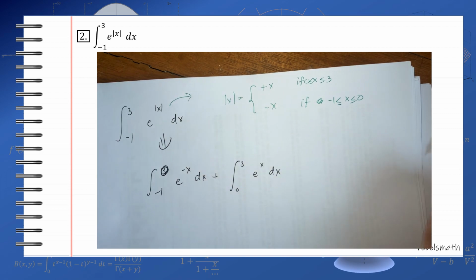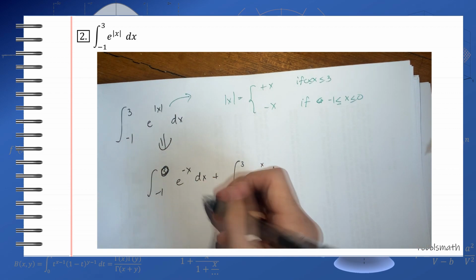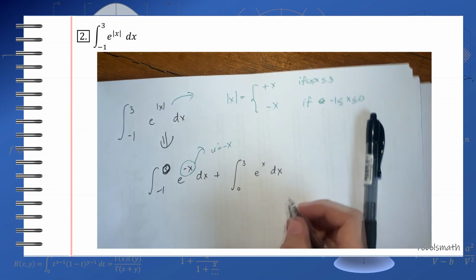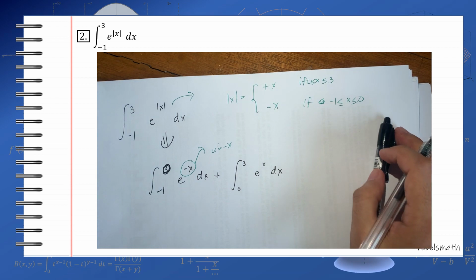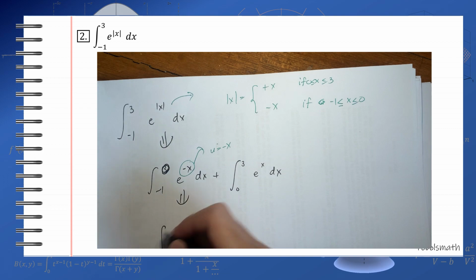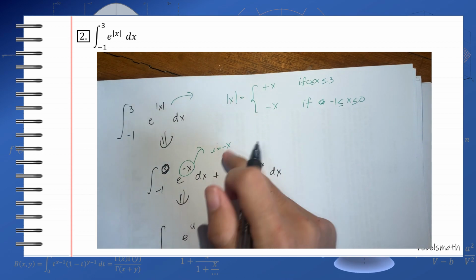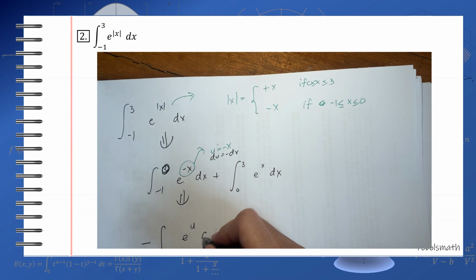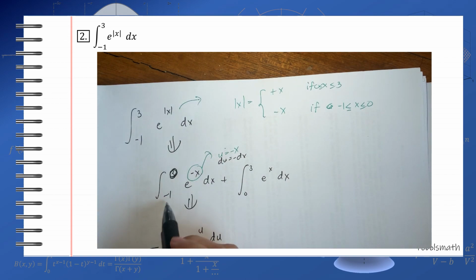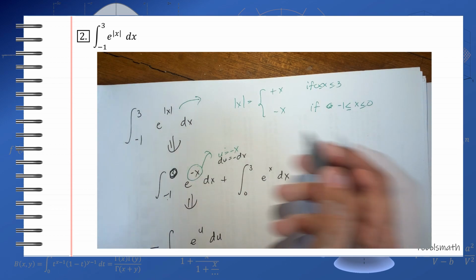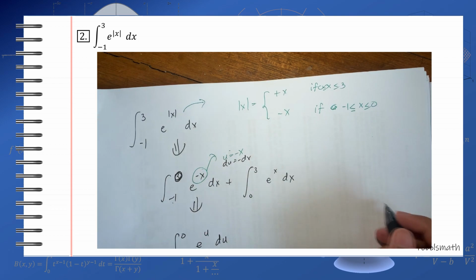x dx. Now for this one, we can just let u is equal to negative x, and then we'll have something like e to the u times du is equal to negative dx. So I can pull out the negative. At x equals negative 1, u is equal to positive 1, and at x equals 0, u is still 0.